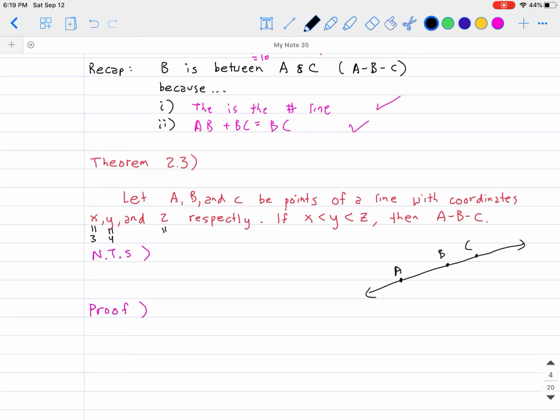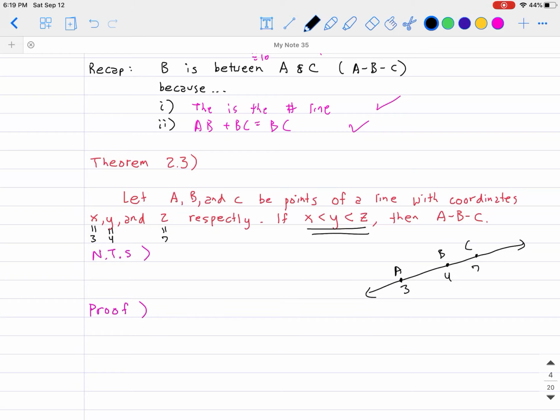Let's say x is equal to 3, y is equal to 4, and z is equal to 7. So here you can see 3 and 4 and 7. We are not necessarily going to have this order, but it could be the case.